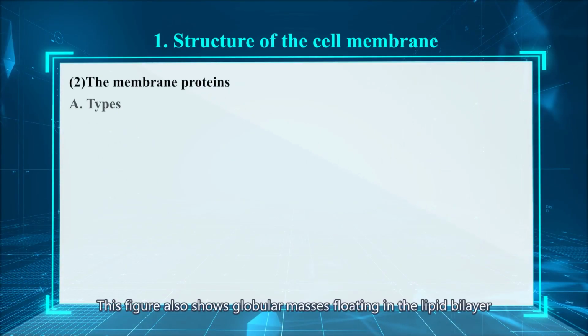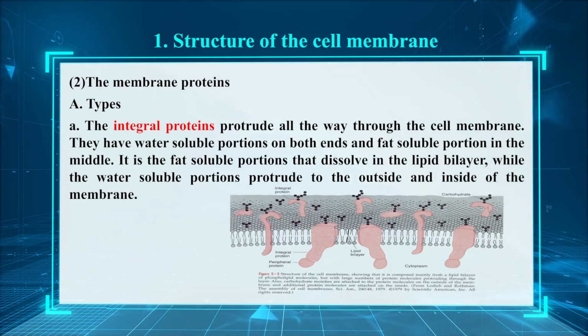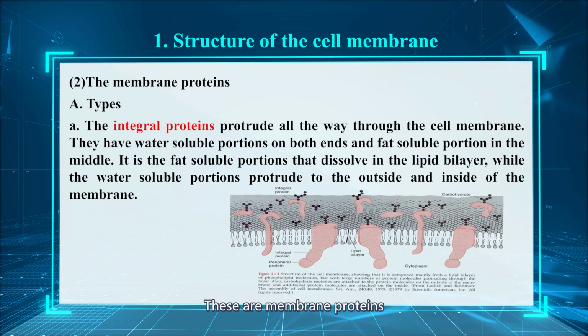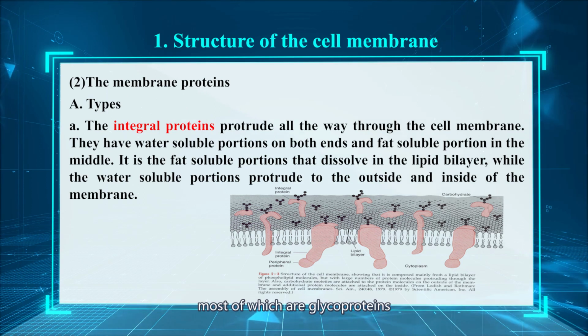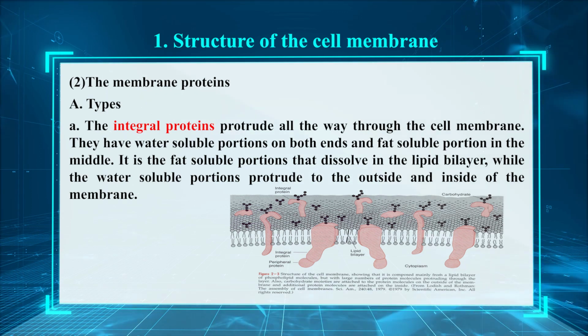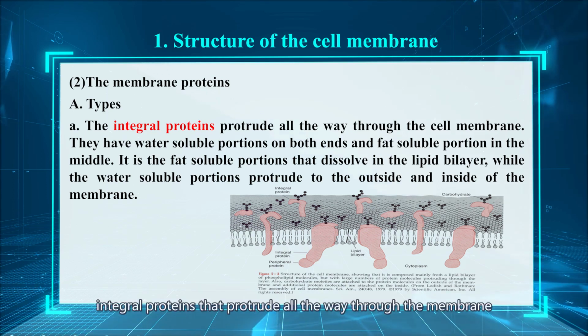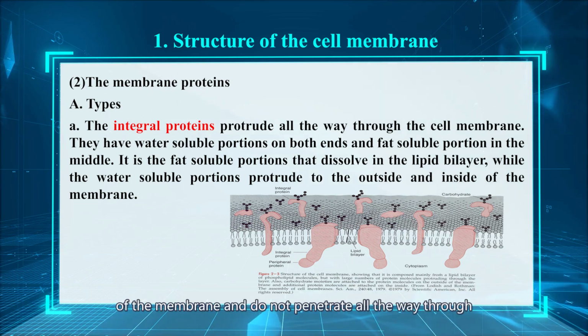This figure shows globular masses floating in a lipid bilayer. These are membrane proteins, most of which are glycoproteins. Two types of proteins occur: integral proteins that protrude all the way through the membrane, and peripheral proteins that are attached only to one surface of the membrane and do not penetrate all the way through.